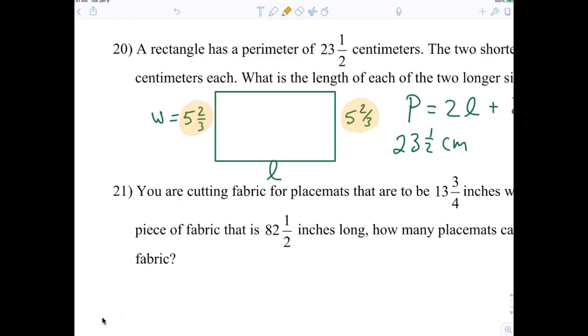So now you subtract 23 and 1/2 by 11 and 1/3. Stop right there, please. So he's exactly correct. I like what you said. So now we know this total was 11 and 1/3, right? Now the total of everything is 23 and 1/2.